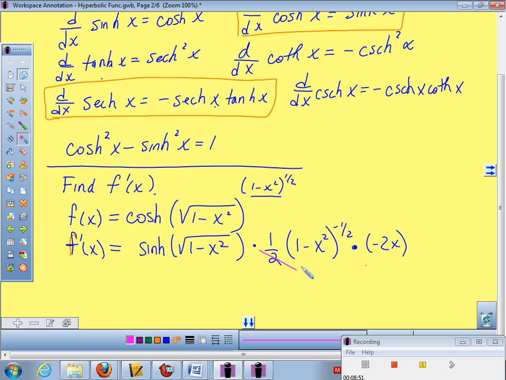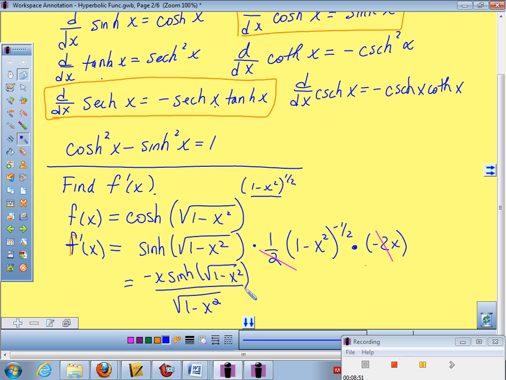The 2's would cancel, and they would drop the negative power back to the bottom. So you're going to end up with a square root quantity on the bottom. We're going to pull that x at the back clear up front and make that negative x times our hyperbolic sine of the square root of 1 minus x squared, and you've found a derivative.